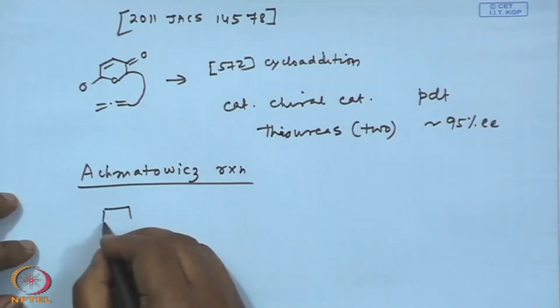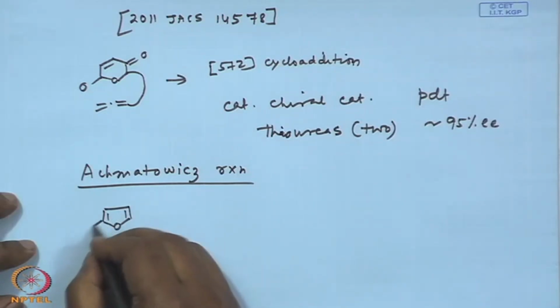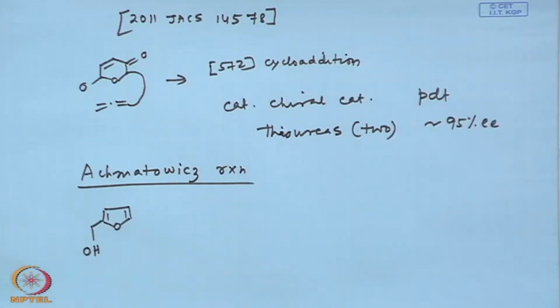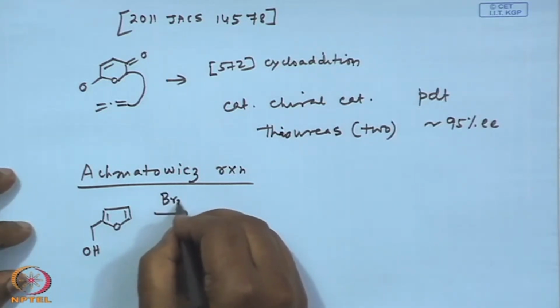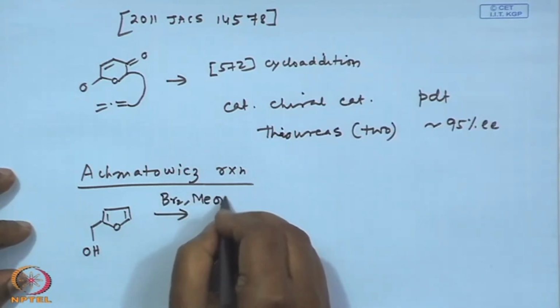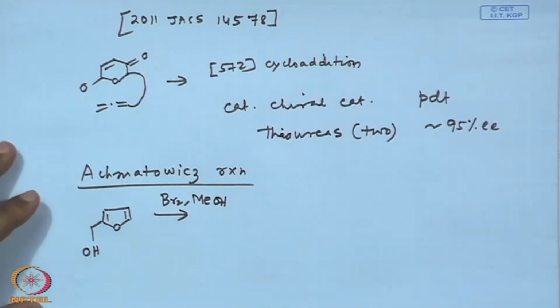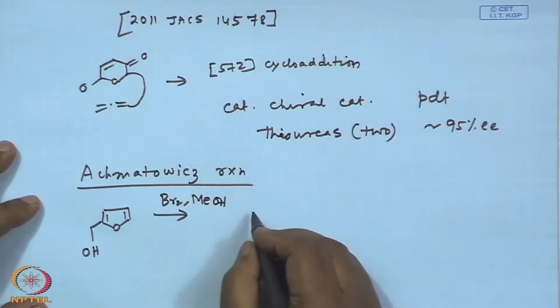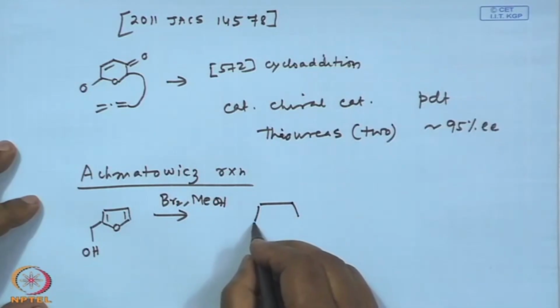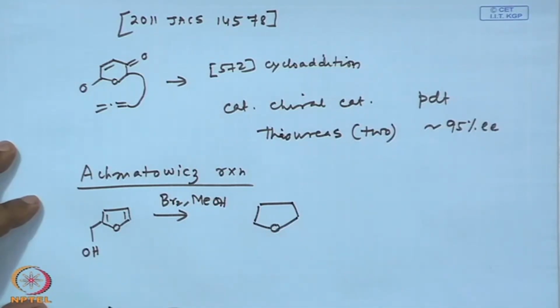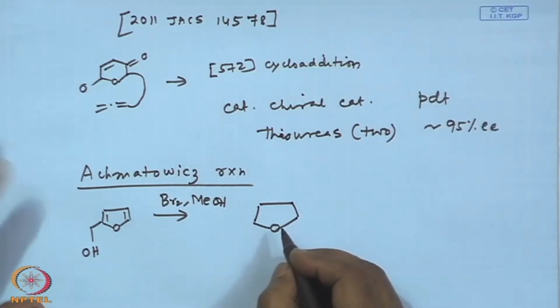If you just start with a simple furfuryl alcohol and treat this with bromine and methanol. I think all of you know this reaction, right. What do you get? This is a BSC reaction. So the furan ring does not get destroyed, it remains as it is.